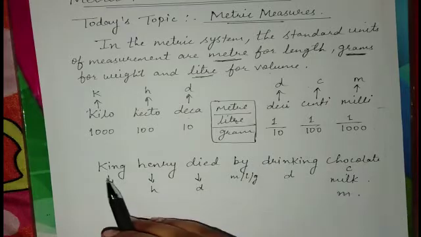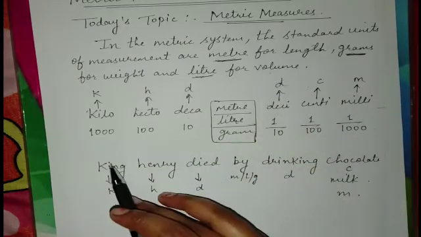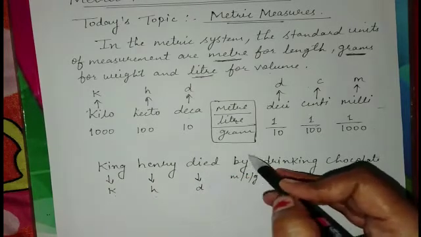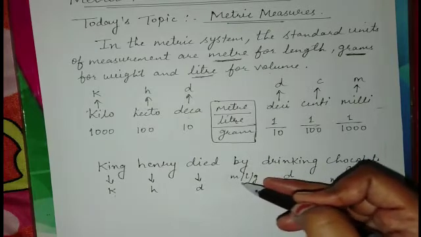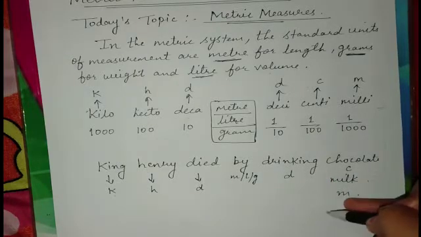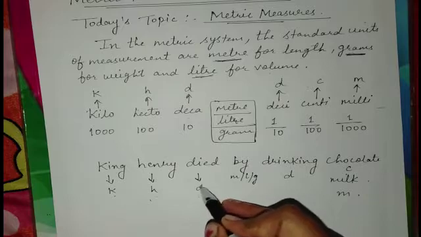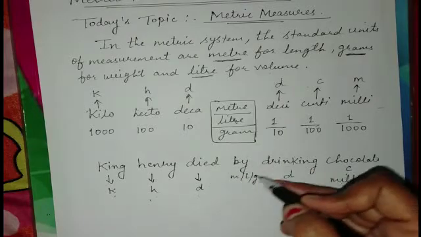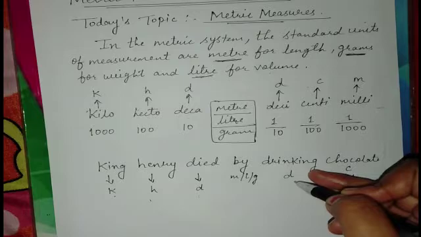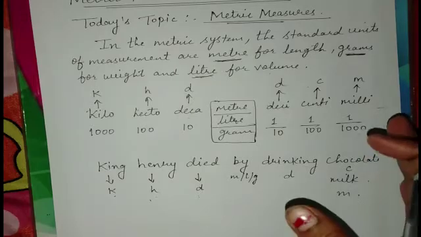We take the first letter: King K, Henry H, died D. In place of by we write mlg, means meter, liter, gram, then drinking D, chocolate C, milk M. K means kilo, H hecto, the first D means died, D is deca, then in place of by we write meter, liter, gram, and next drinking D is deci, chocolate C means centi, and milk M, milli. Understood children? Very easy.